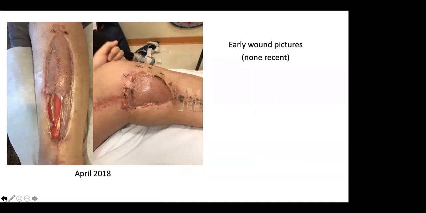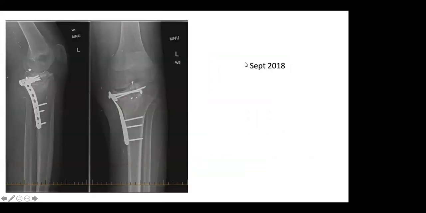We can see here, this is an early wound picture as they were doing some of their work here. And this is where it is in September of 2018.